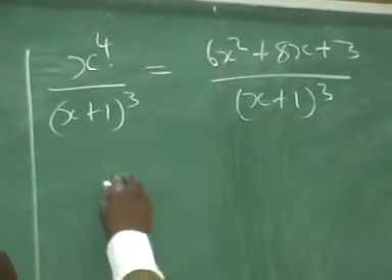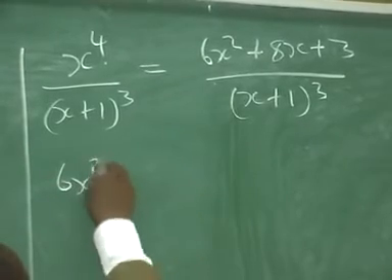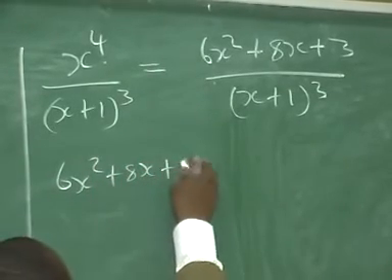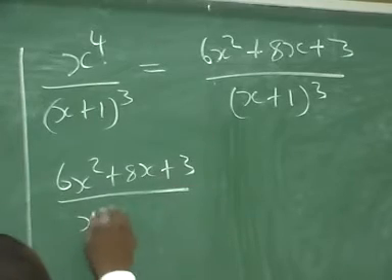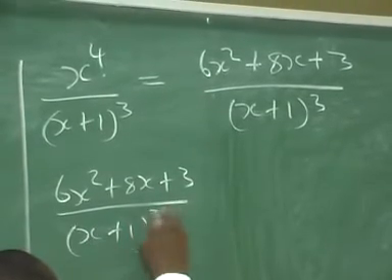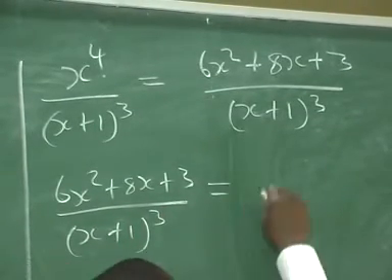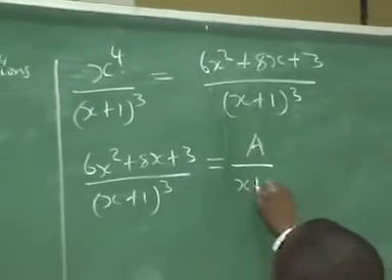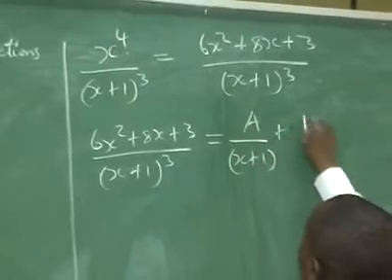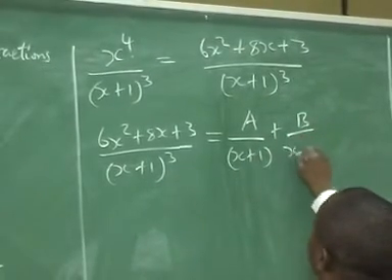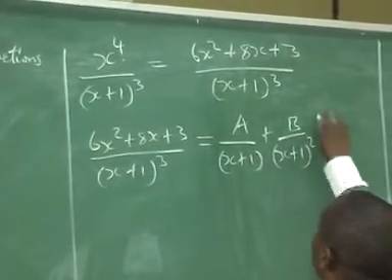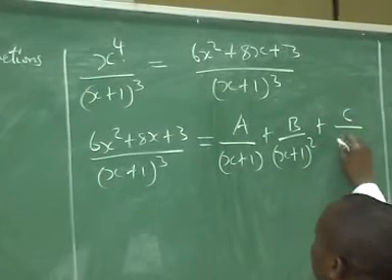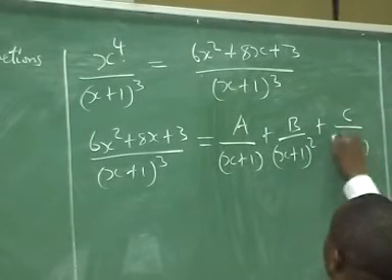Now, resolving 6x squared plus 8x plus 3 all over (x plus 1) cubed into partial fractions, we will assume a partial fraction of the form A all over (x plus 1) plus B all over (x plus 1) squared plus C all over (x plus 1) cubed.